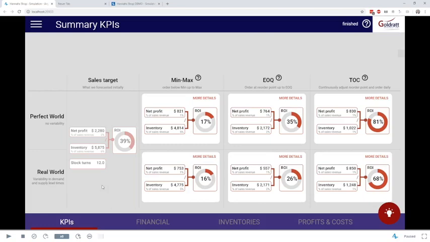You could simultaneously reduce shortages in order to increase sales and therefore net profit, while at the same time dramatically reducing surpluses. If you compare, for example, the inventory levels of around $4,800 on average with what TOC was able to achieve of only $1,000 in the perfect world environment and only slightly more in a real world environment. So that's the idea of these simulation models.